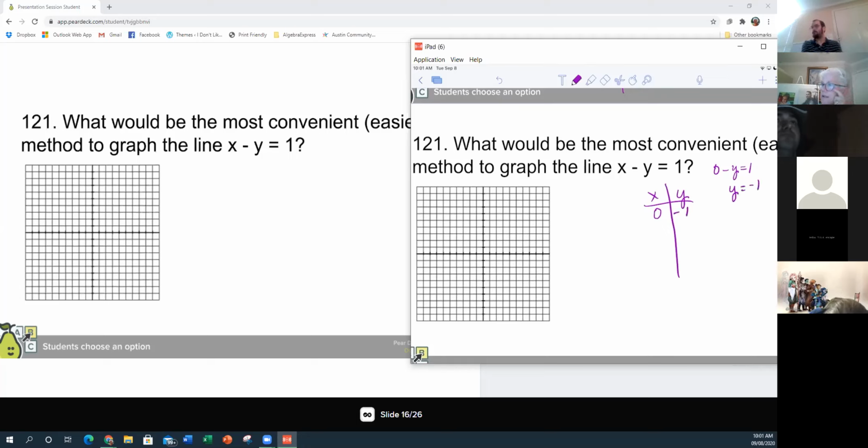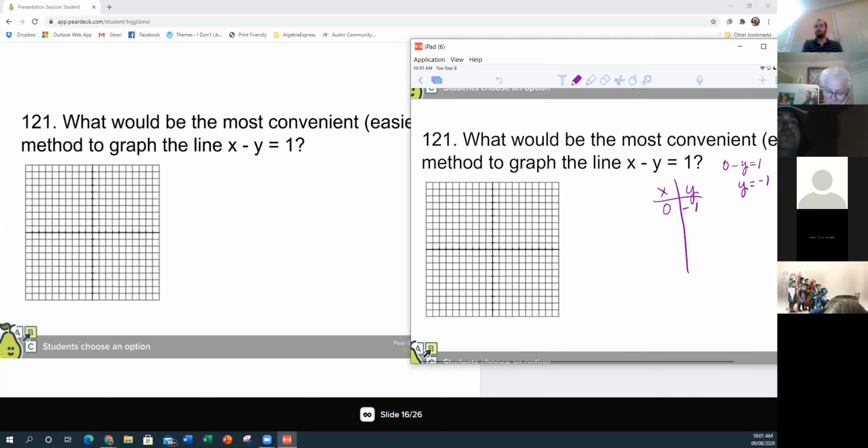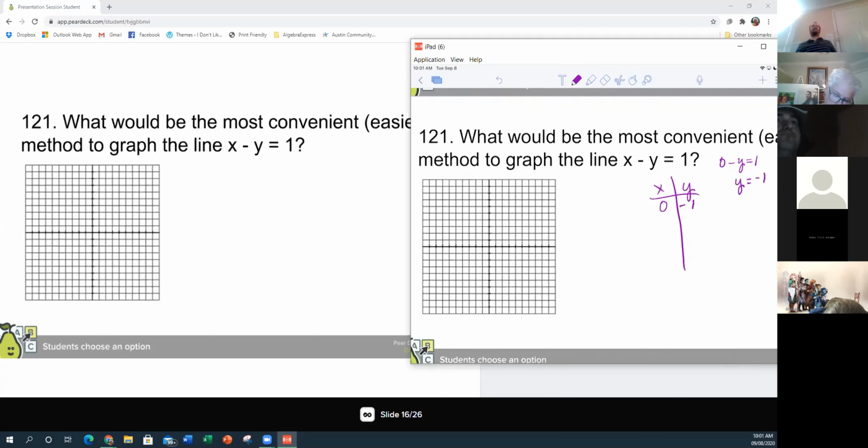And then you have to have at least one more point, so pick another number. I'll make Y 0. Okay, so what you're really doing is called the intercept method, but that's fine. So if Y is 0, what would X be? 1. 1, right. And that's a perfectly fine method.